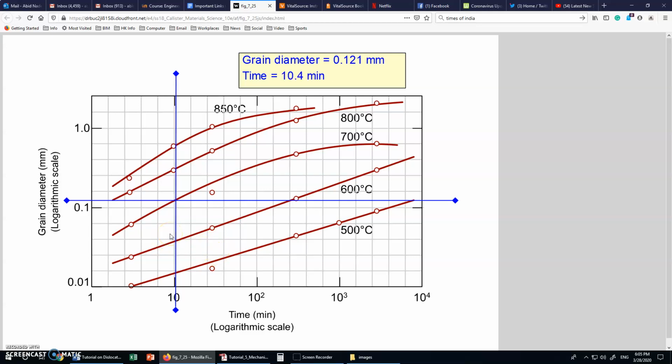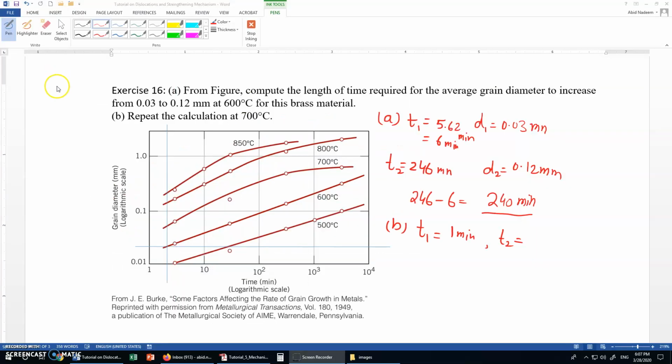It's about 10.4 minutes. So the difference is 10.4 minus 1, about 9.4 minute.